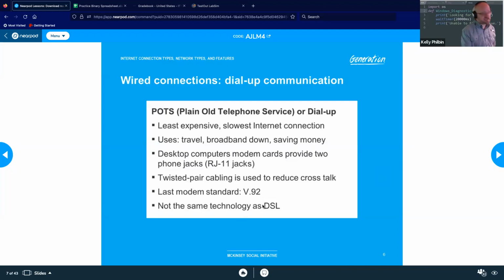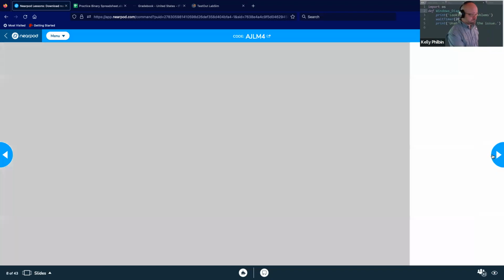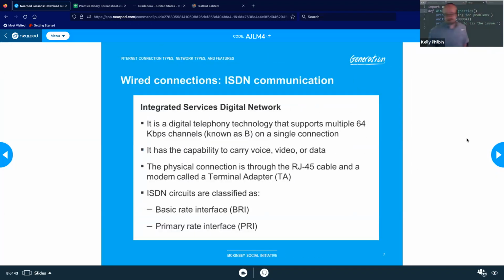This quite literally takes over the phone line and is sending audio signals over it, which those of us who are old enough remember, the loud screaming noise every time somebody was dialing up to the internet. And then an hour plus to download a single image.